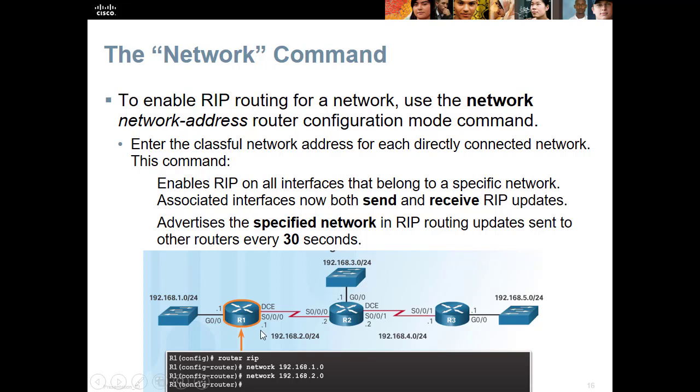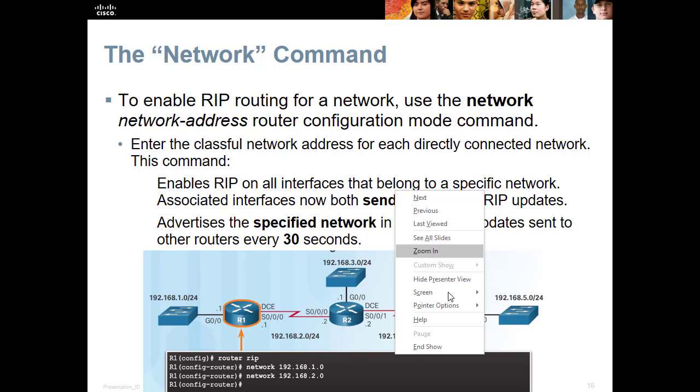And the IP address that matches or falls into that network statement, that interface is activated. Let's say that again. When you type a network command, your router then looks at the interface IP addresses. And when it finds an interface IP address that falls into that network that's here, that interface is activated for RIP. So gig 0/0 is now activated.